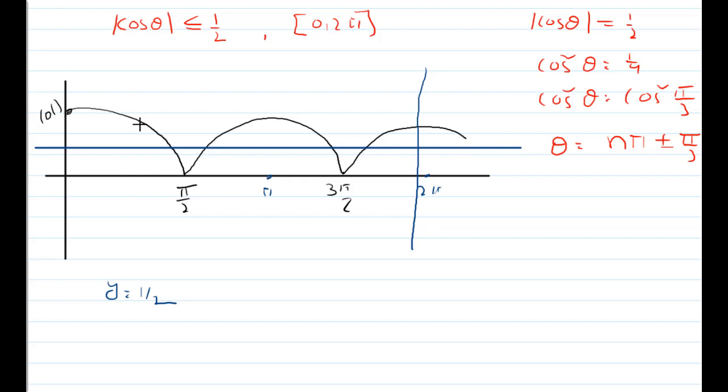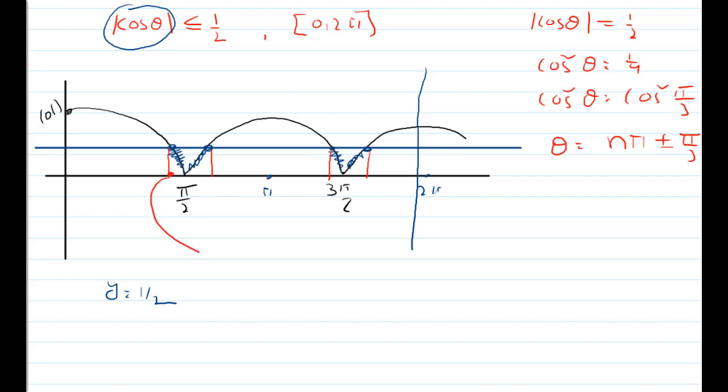Okay, now these points are important for us. So what is the meaning of this? Mod cos theta graph equal to half or lesser than half means this is the required graph. This is the required graph. Now for the required x values, draw perpendiculars on the x-axis.